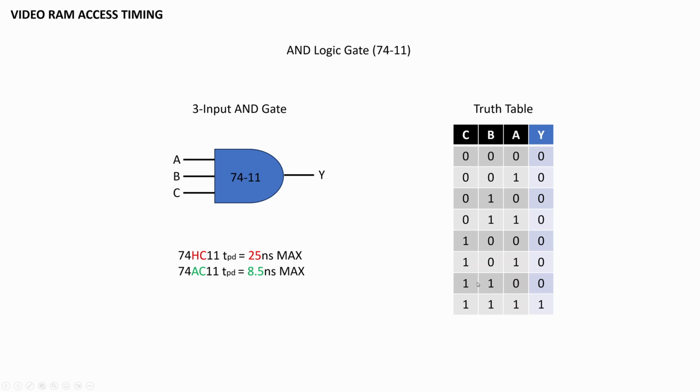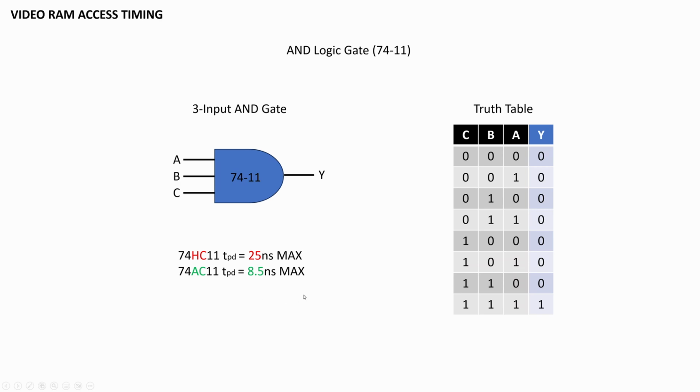So if any one of the inputs is low, we're going to get a low. That's actually like an OR gate: if A is low, or B is low, or C is low, then we get a low on the output. Because we're inverting the logic here, thinking about the low signals rather than the high signals, the gate acts more like an OR gate for the zeros.